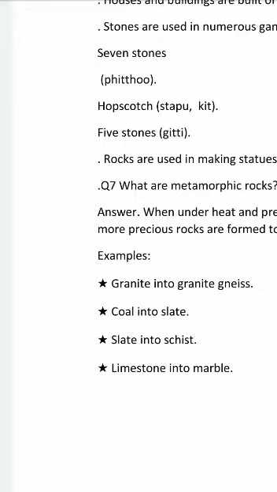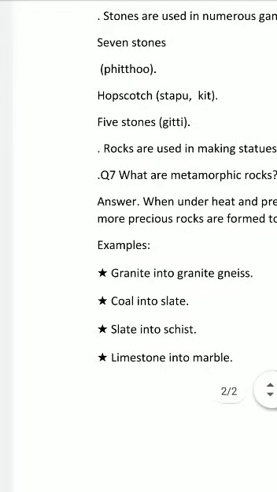Now the examples: we have discussed 2 examples in our chapter, that clay changes into slate and limestone into marble. There are some other examples, but in our chapter we have discussed that clay changes into slate and limestone into marble.